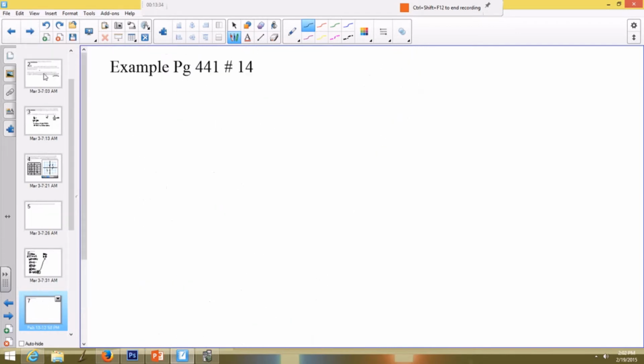Okay, moving on. Talking about number 14. The reason I picked number 14 is because it says determine whether the function is a solution to the differential equation y to the fourth minus 16y equals 0. And then they give us that the function y is equal to 2 sine x.